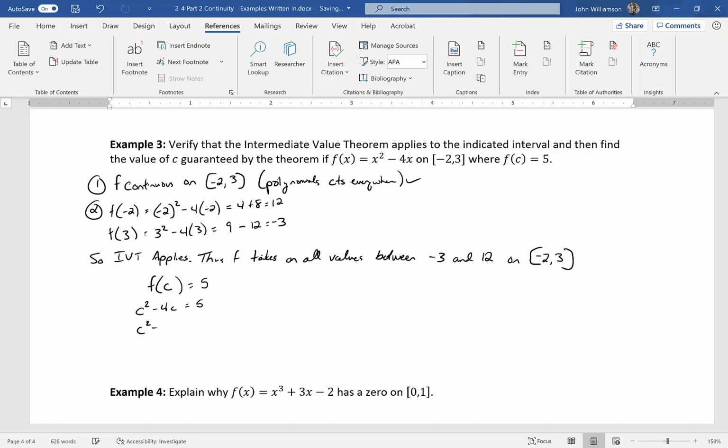So c squared minus 4c minus 5 equals 0. And in this case, this factors fairly easily. So this becomes c minus 5, c plus 1 equals 0. So c minus 5 equals 0, c plus 1 equals 0. Remember, we're using the zero factor property from Math 171 here.